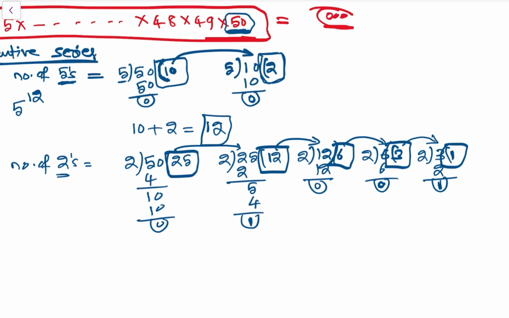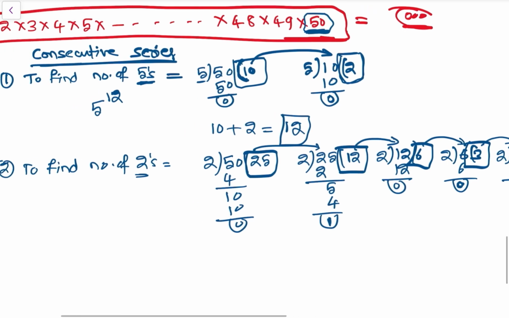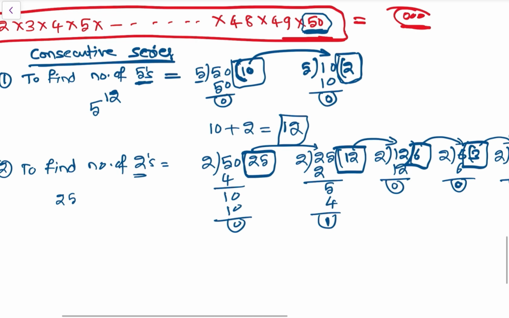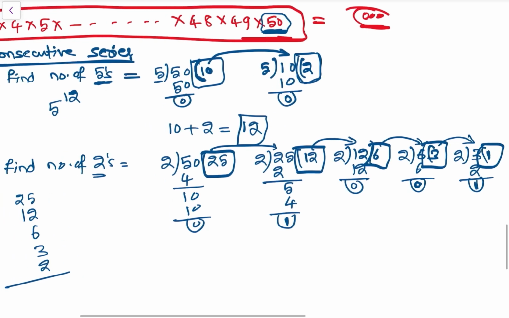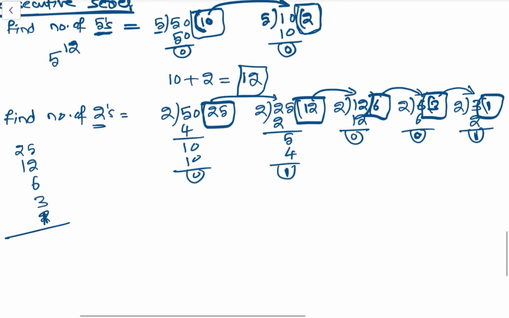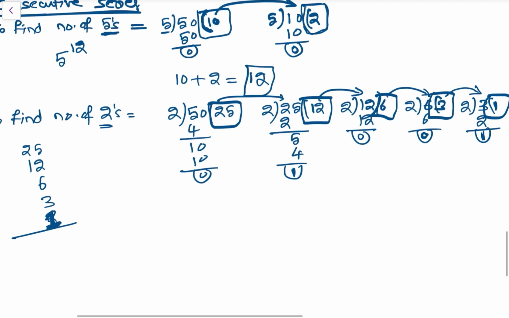So the number of twos here is 25 plus 12 plus 6 plus 3 plus 1, sorry, 3 plus 1 came as the quotient, so 3 plus 1, so that is 10, 10, 17, then 3, 4, so 47.